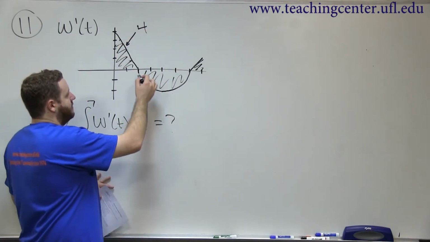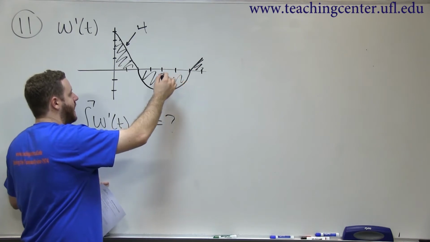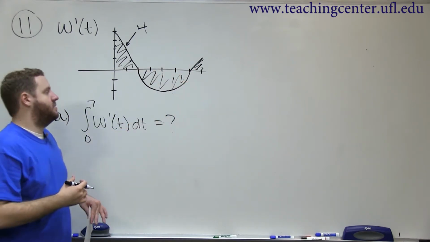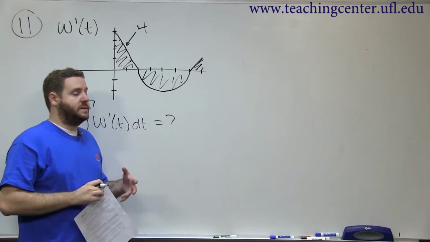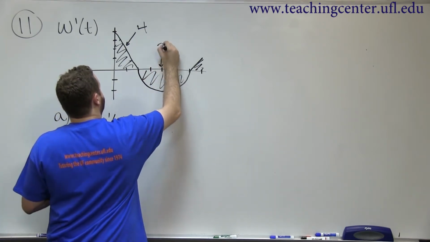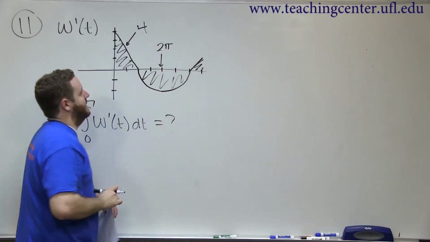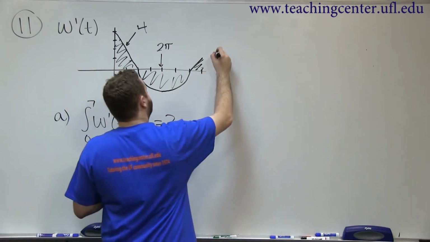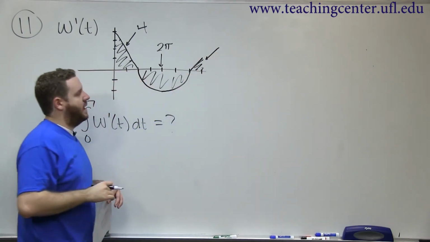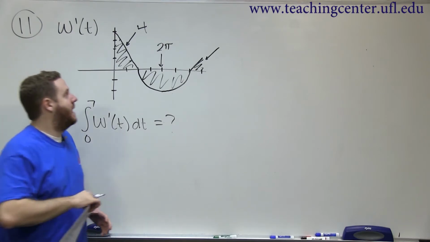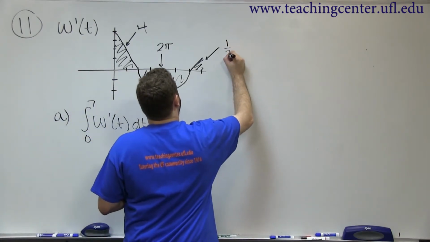Here we have half of a circle, and it has a radius of 2. So the area of this would be pi r squared divided by 2. And since our radius is 2, that would be 2 pi. And then remember, that's under the axis. Over here we have another triangle. This only has base and height of 1. So its area is 1 times a half, which is 1/2.